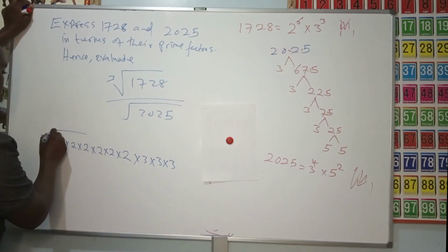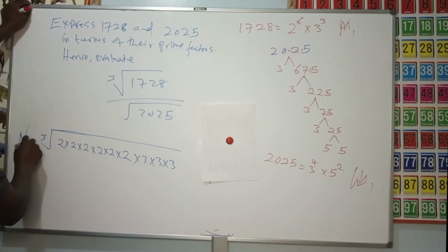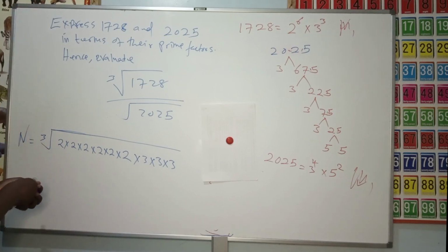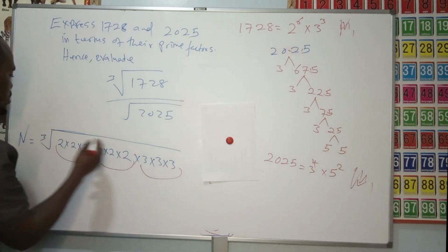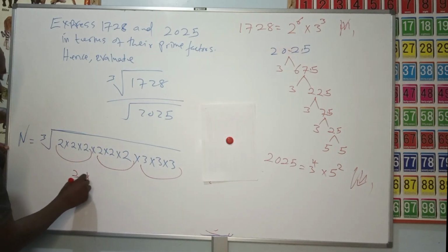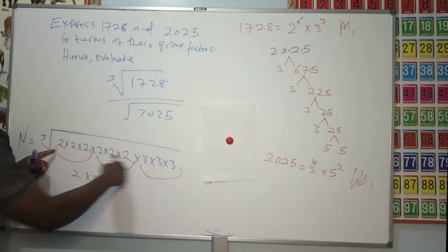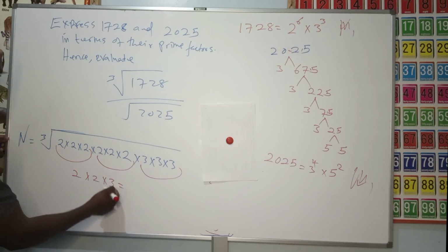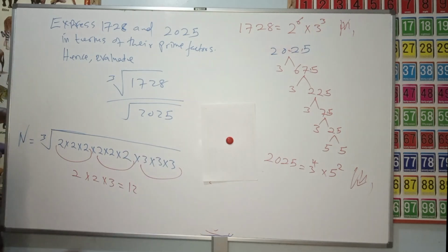If you are looking for the cube root of the numerator, you can group them in threes and pick one from each group. So the answer is 2 times 2 times 3, which is 12. I remember we had 12 in our numerator.